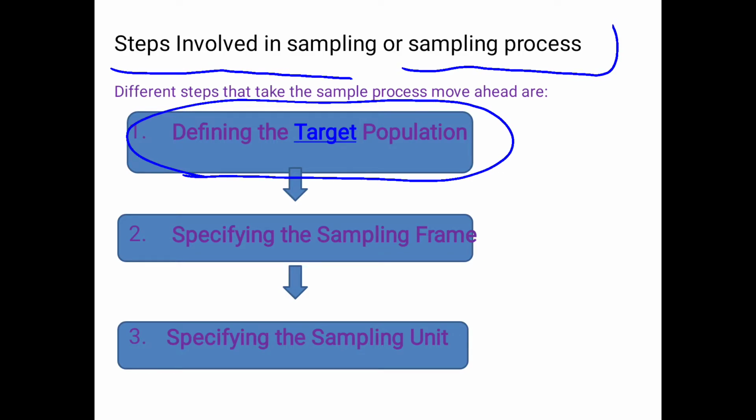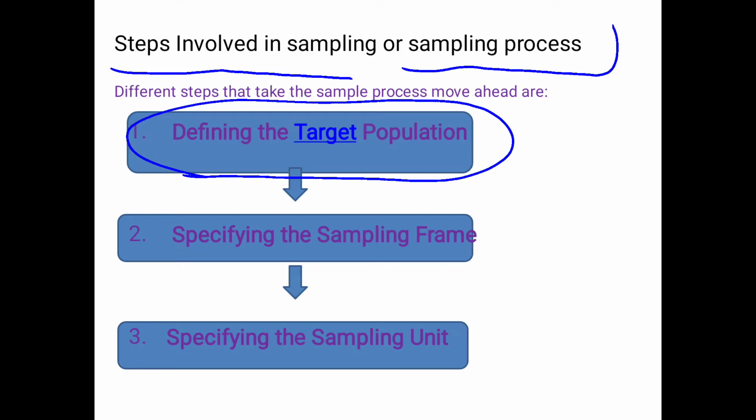The term target population refers to the group of individuals or objects to which researchers are interested in generalizing their findings, or from which the samples might be taken.